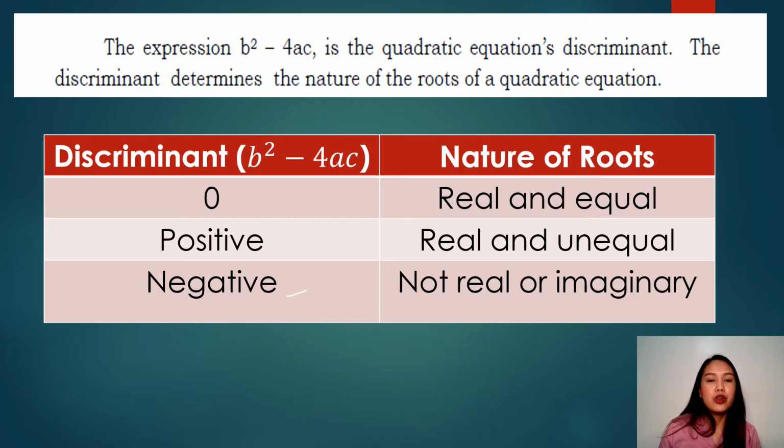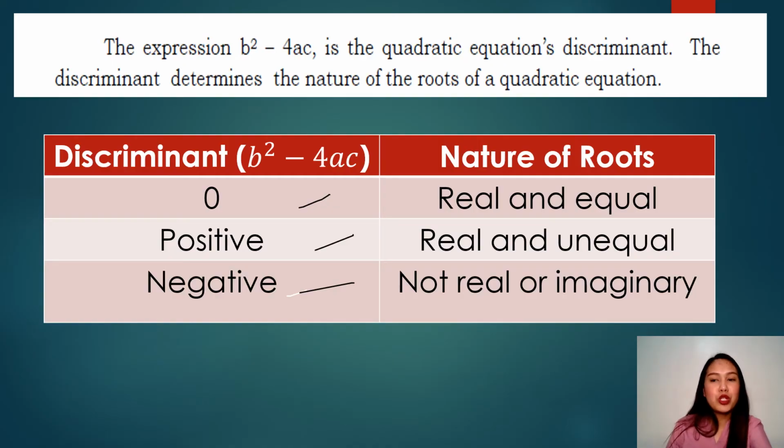When your discriminant is 0, the nature of the roots will be real and equal. When it's positive, your nature of the roots will be real and unequal. And if it is negative, the roots will be not real, they are imaginary.